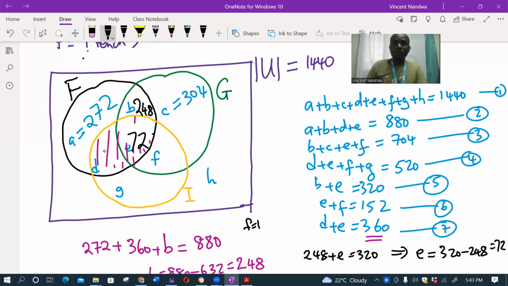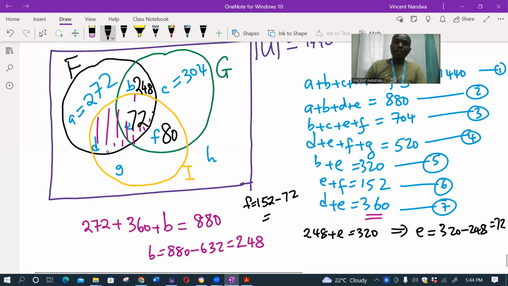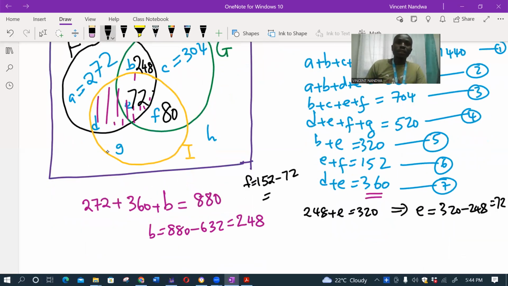So F will be 152 minus 72, which is 80. So F is 80. And D plus E is 360. So D alone will be 360 minus the value of E, which is 72. So 360 minus 72 gives us 288. So we put 288 here for D.